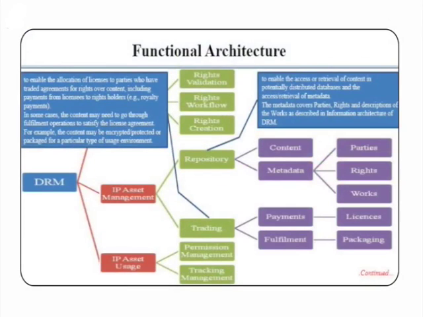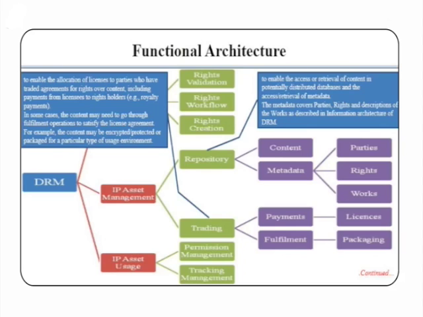The IP Asset Management module provides functionality for repository functions and trading functions. Repository functions enable the access or retrieval of the content in potentially distributed databases and access and retrieval of metadata.